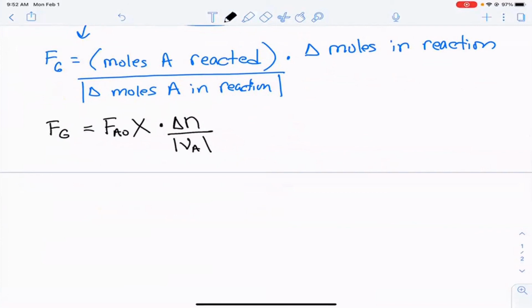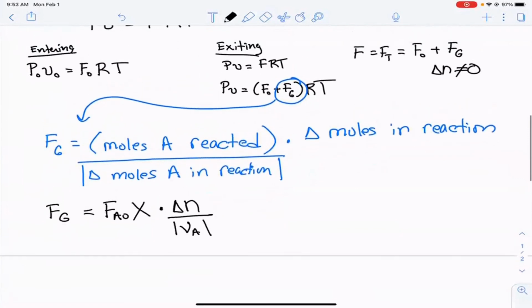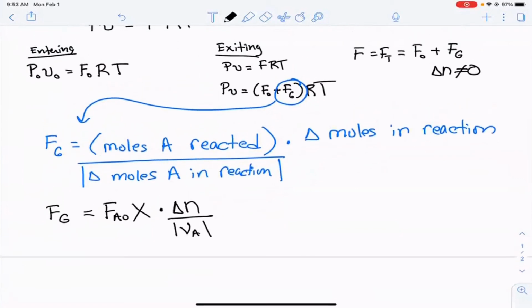I want to link FA0 back to the F0 that I had, because I don't want different initial flow rates floating around.